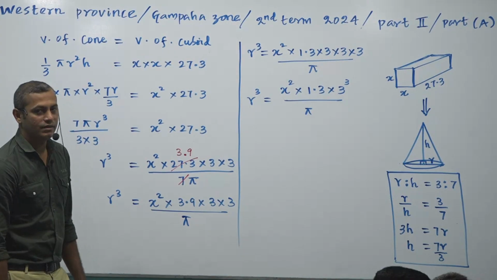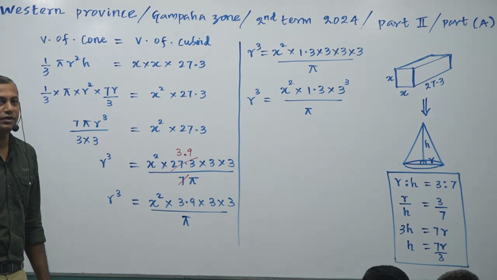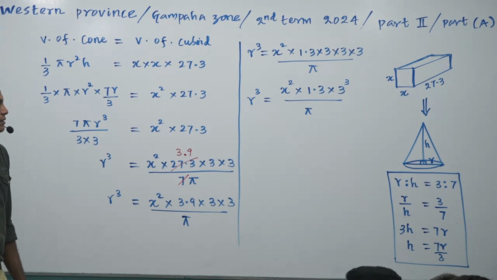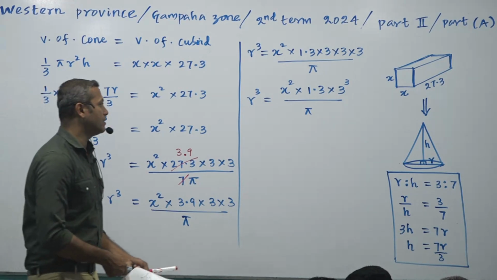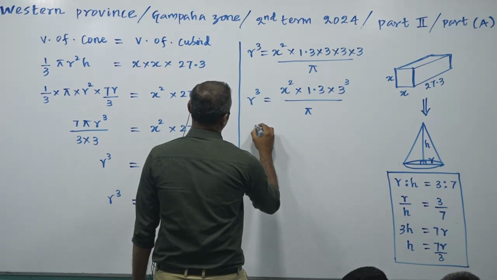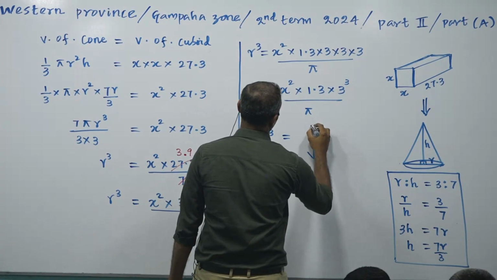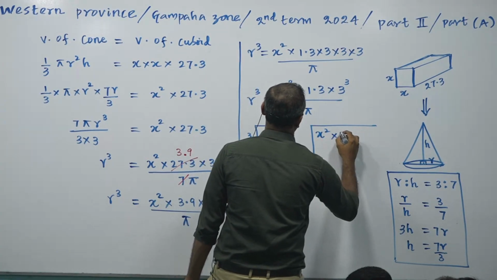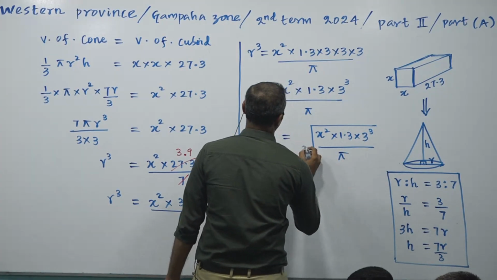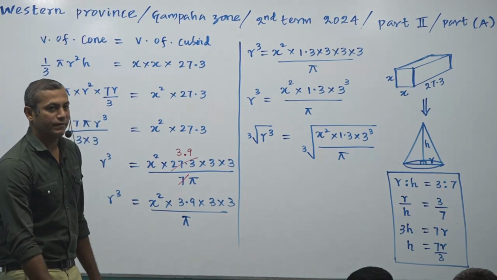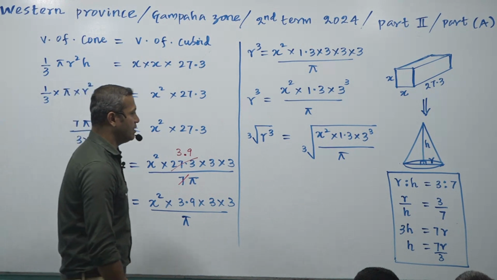Yes? Now what you have to do? Take the cubic root on both sides so that you can make r the subject. Take the cubic root of r cube, and then take the cubic root of x squared into 1.3 into 3 cube over pi. Then for r cube, the cubic root cancels, r will remain.